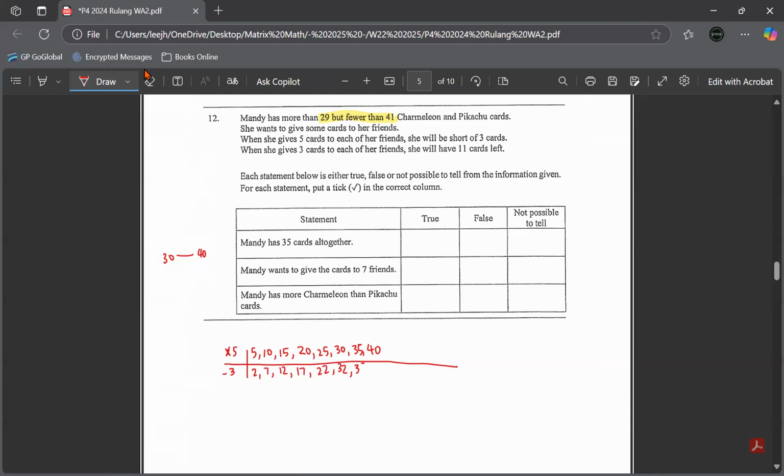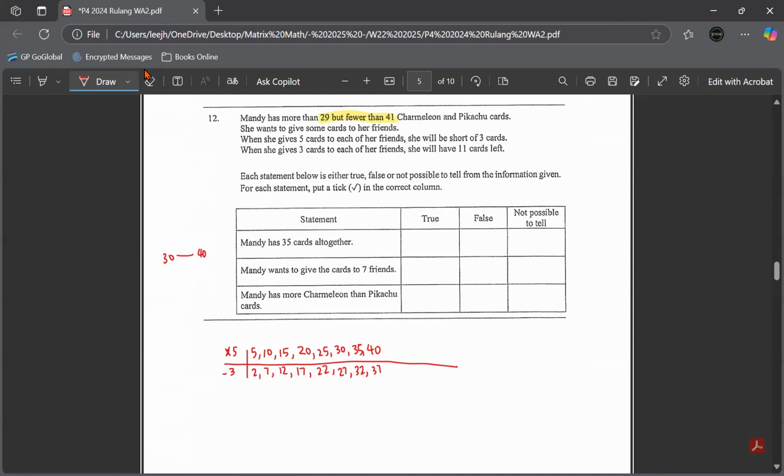Sorry, scratch that. I am a little bit blurred today. So 30 minus 3 is 27. This is 32. Sorry, my mistake. This is 37. Okay, something was wrong here. I knew it, but I wasn't able to see it earlier.